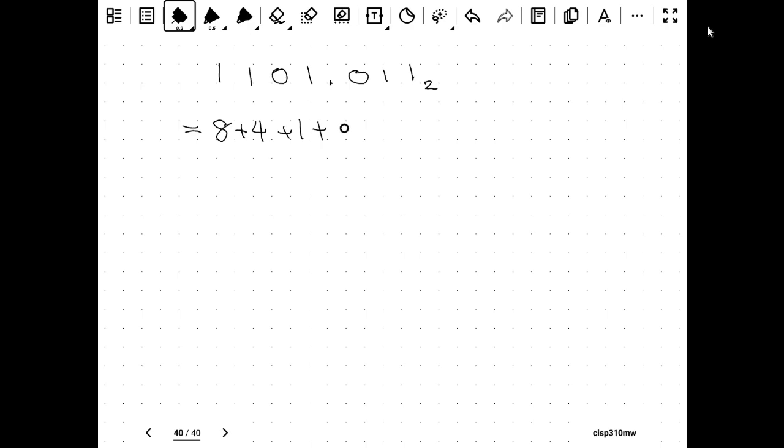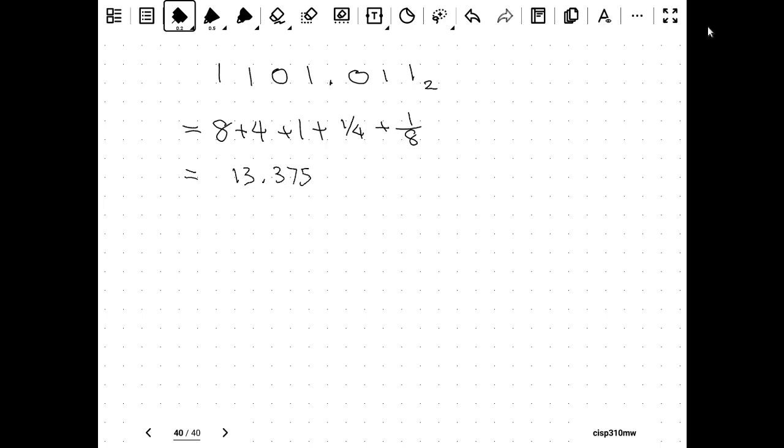So now we don't have a half, but we do have a quarter, and then we also have an eighth, like so. Are we okay so far with this? This is nothing new. When we talked about base conversion, we already talked about this part. So now we just have to do some addition. 8 plus 4 plus 1 is 13. And then we have a quarter plus an eighth, so that will make it 0.375.